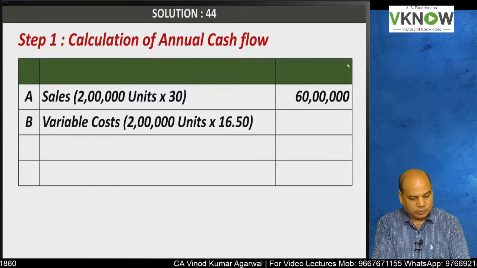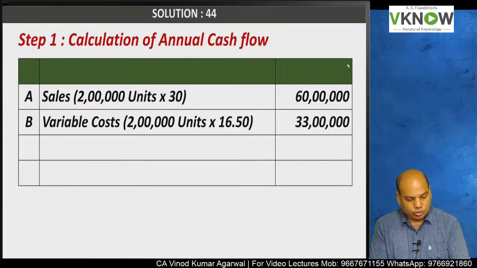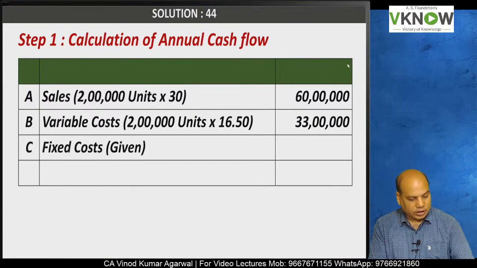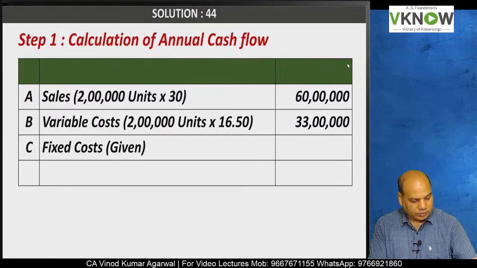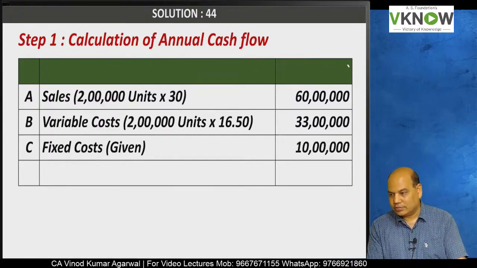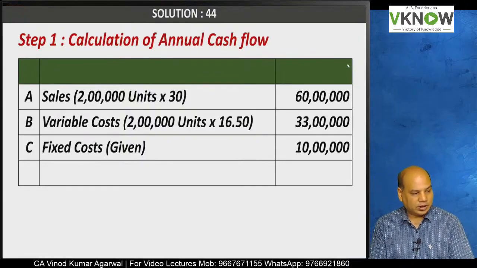Variable cost, 2 lakh into 16.50, 33 lakh. Fixed cost, write down the given 10 lakh.